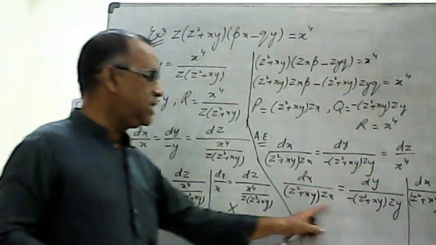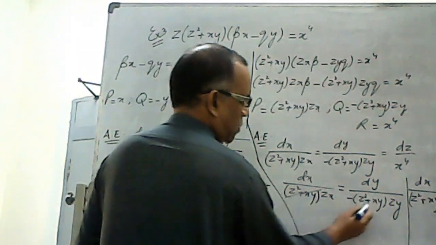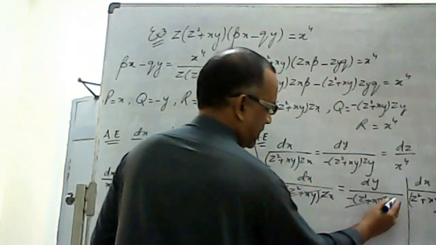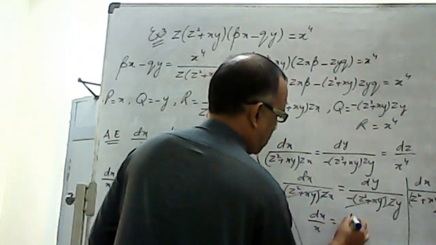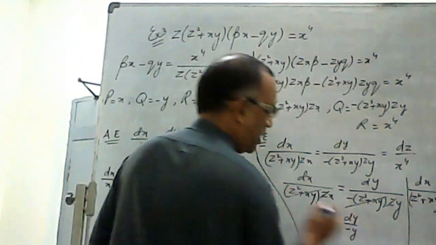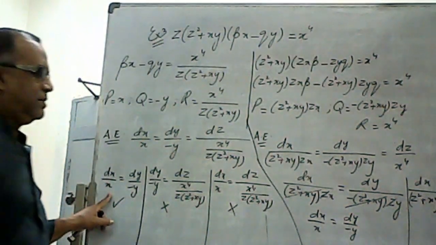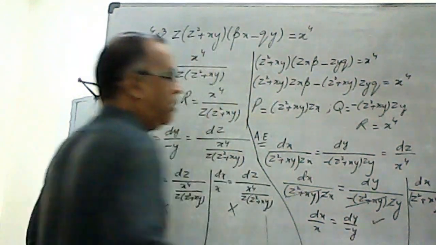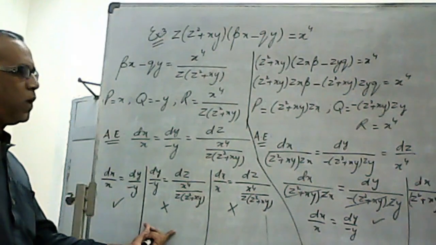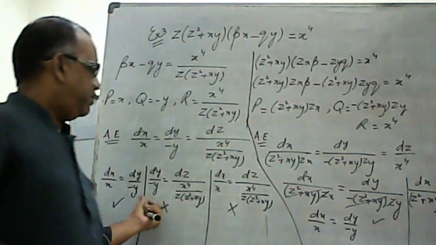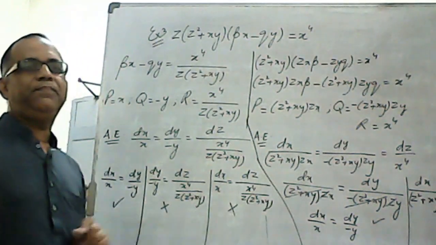And if you look at this example, if I simplify this one, this whole will cancel with the whole, z will cancel with z, and I end up with dx over x equal to dy over minus y. Look at the same one. And again, this is possible to solve. So when you reach this point, both will become the same question.